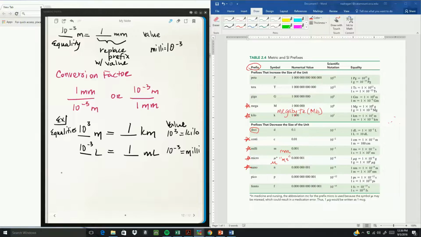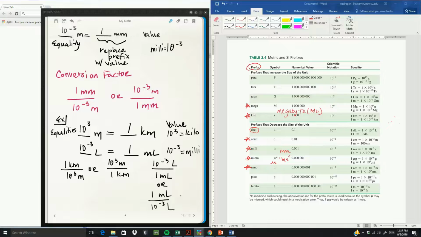So we need to write our conversion factors. So 1 kilometer over 10 to the third meters, or 10 to the third meters over 1 kilometer. Okay, and then for the second example, 10 to the negative 3 liters over 1 milliliter, or I'm going to have to write this below it, 1 milliliter over 10 to the negative 3 liters, sorry.